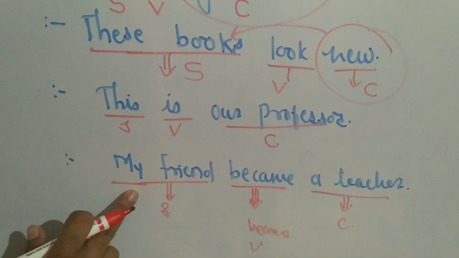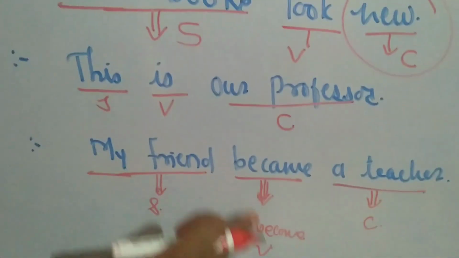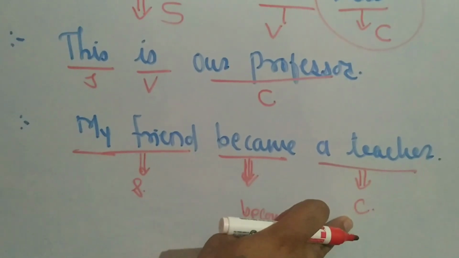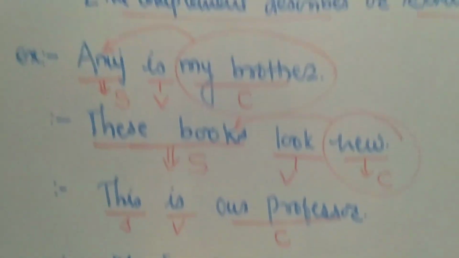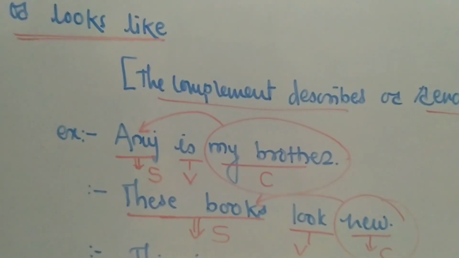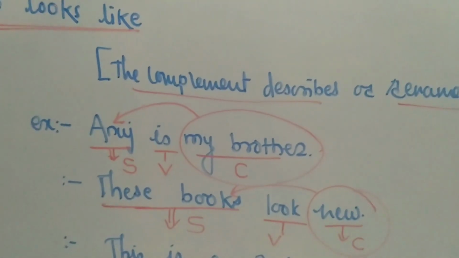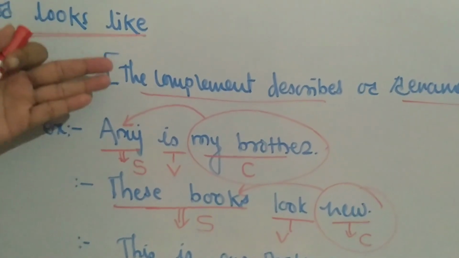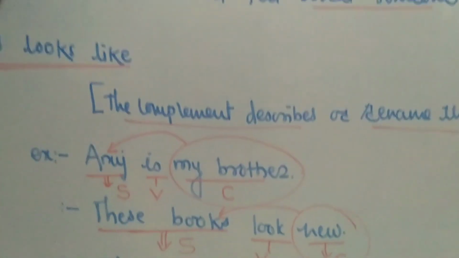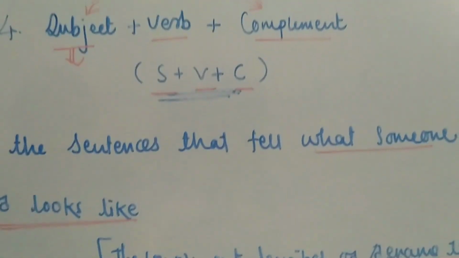Means my friend is the subject, became is the verb, a teacher is the complement. So like this, friends, this is also one of the sentence patterns or structures. With the help of these examples we come to know and analyze the subject, verb and complements.